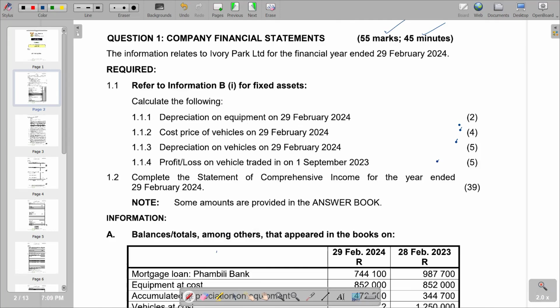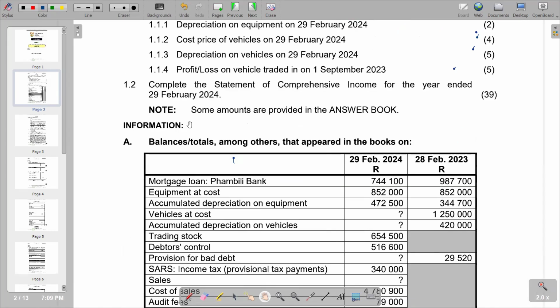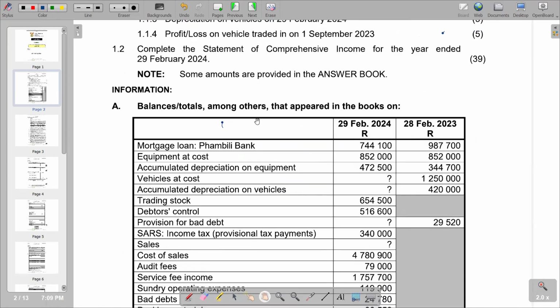Going to the information that we are given, we see information A, whereby we are given the balances or totals among others that appear in the books. We are given these at the end of the previous year, that is at 28th February 2023, and the current year is ending 29th February 2024.